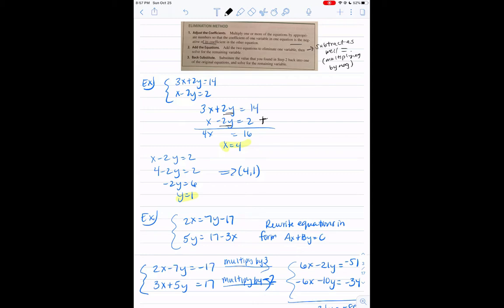So now I could add and move on to step 2. When I add the equations, I get 4x, and then my y's cancel, equals 16. So my x is 4. And then I could go ahead and plug in x equals 4 into equation 1 or equation 2. I just go ahead and use equation 2, and I get y equals 1. So my solution set is 4, 1, and you could check that the solution satisfies the system.